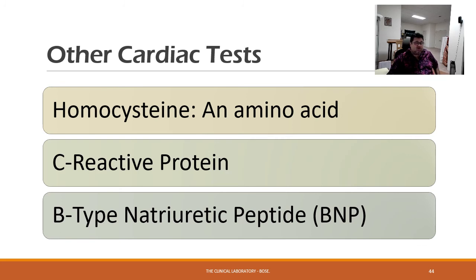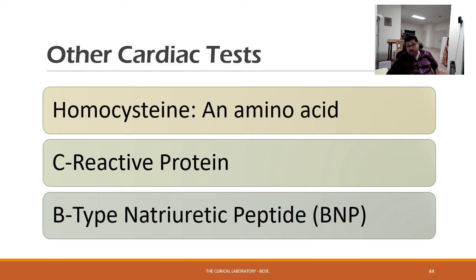C-reactive protein is a non-specific marker of what? Of inflammation. So C-reactive protein goes up in inflammation. It is unfortunately non-specific, so it doesn't tell us why it is raised, but the presence of an increased C-reactive protein in the blood plasma is indicative that there is a definitive inflammation going on somewhere in the body.